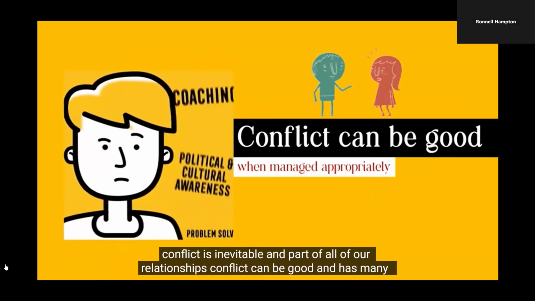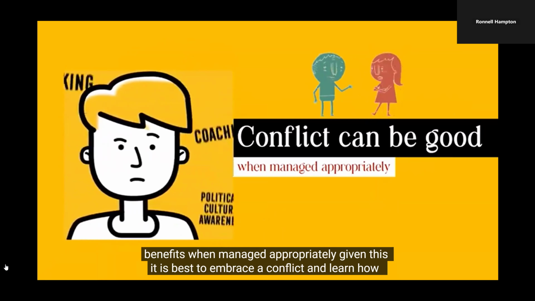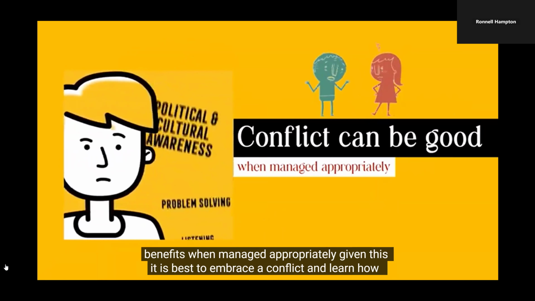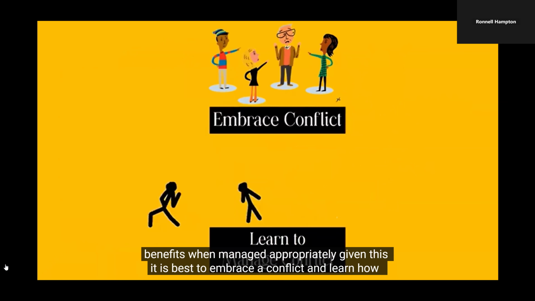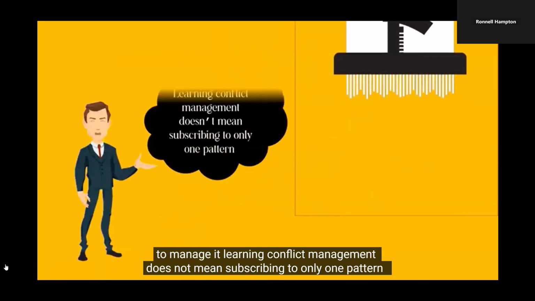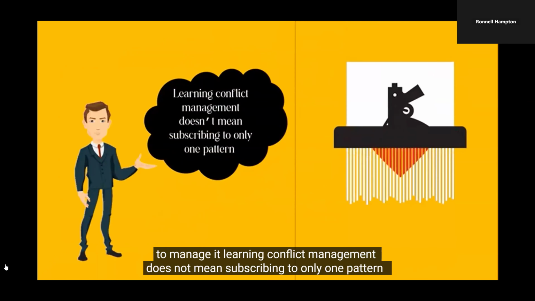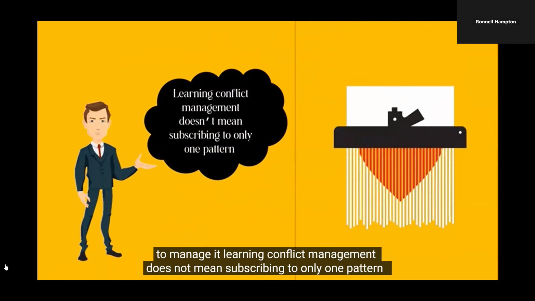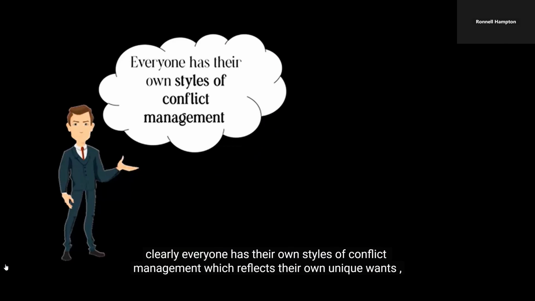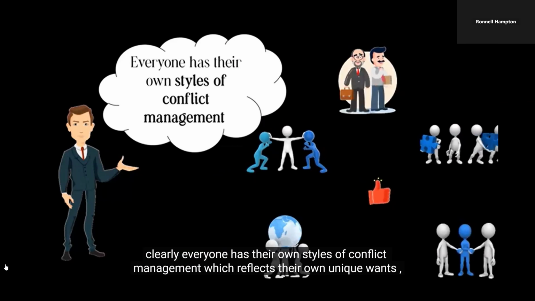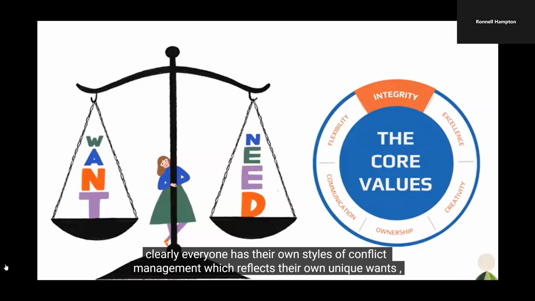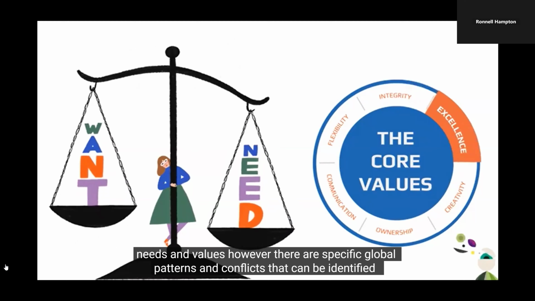Conflict can be good and has many benefits when managed appropriately. Given this, it is best to embrace conflict and learn how to manage it. Learning conflict management does not mean subscribing to only one pattern. Clearly, everyone has their own styles of conflict management, which reflects their own unique wants, needs, and values.